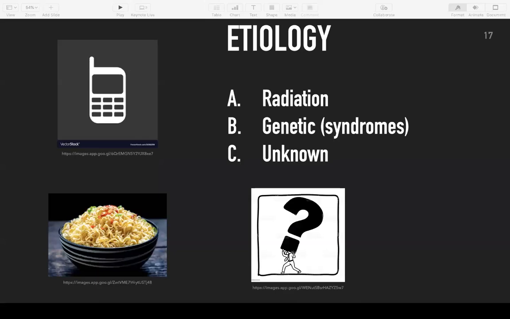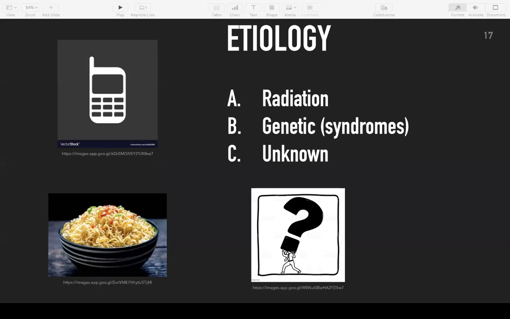And the third cause, which is unknown: there are a lot of claims that either cell phones, or certain kinds of foods can cause cancer, and a lot of traditional beliefs that brain tumor can be caused by something a lot of you heard about already.